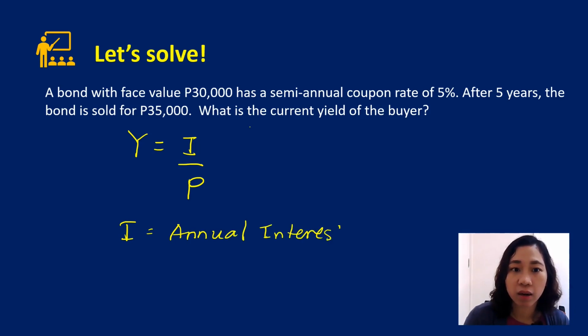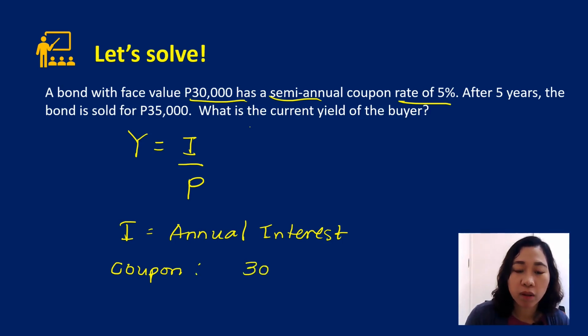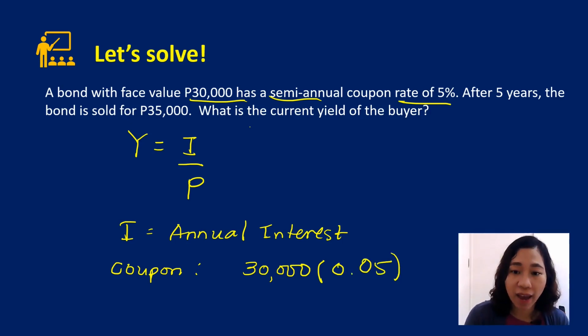Okay? It says here that 30,000 has a semi-annual coupon rate of 5%. What does that mean? How much is the coupon? You can compute it as follows. 30,000 times 0.05.